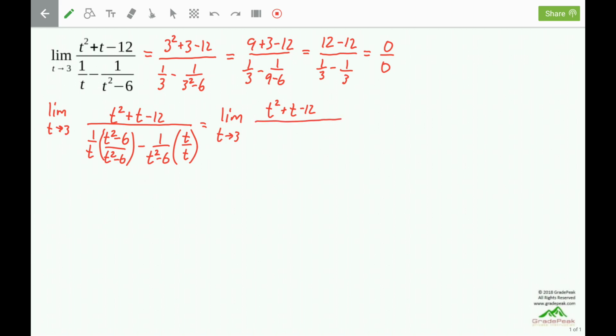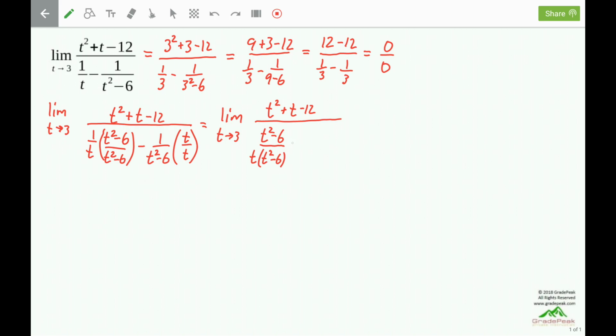divided by, if we're going to multiply these fractions, I'm going to start by multiplying the numerators. The numerators you want to distribute, that 1 times t squared times a minus 6, so t squared minus 6. The denominator, we will have t times t squared minus 6, but you don't want to distribute the denominator. We're going to want to keep it factored.